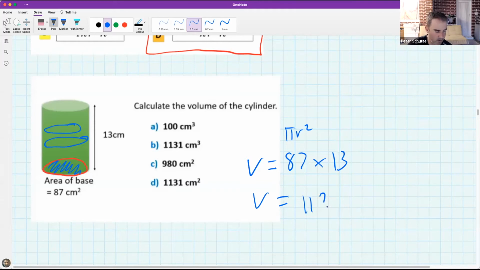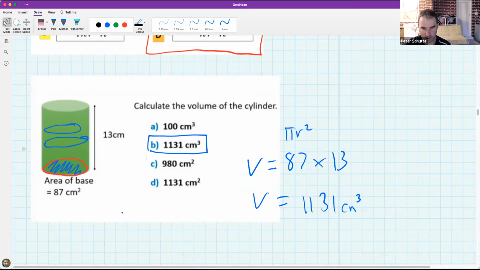And we get 1131 centimeters cubed. So you should be getting B as your answer, 1131. And it's not centimeters squared because it's a unit of volume. Awesome. Okay. So all looking good.